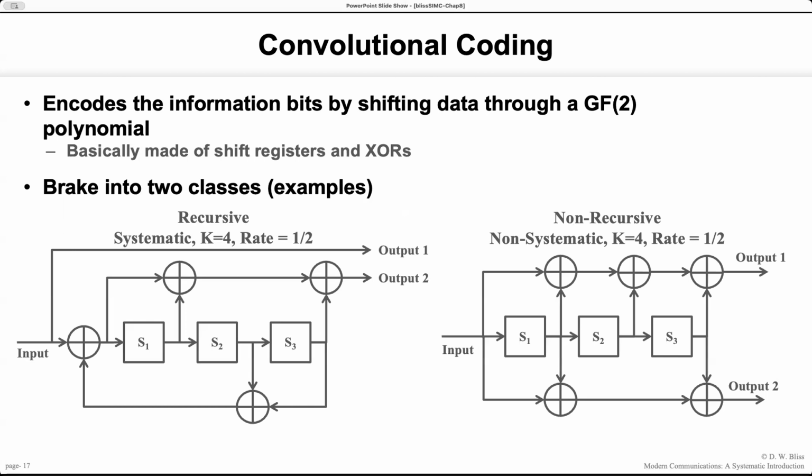If you think about how much memory we have here, in this particular example we have three previous information bits, or three blocks of information that are some function of the previous information bits, plus the current one. And so we say this is a constraint length 4 convolutional code because it has 3 memory bits plus the current one.